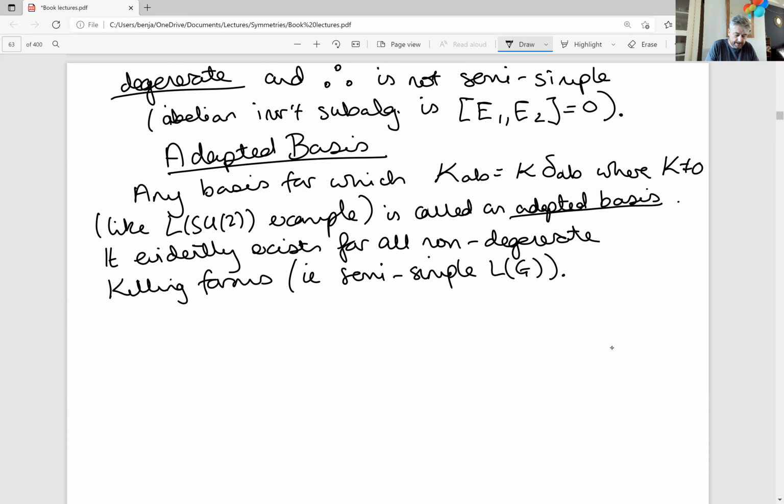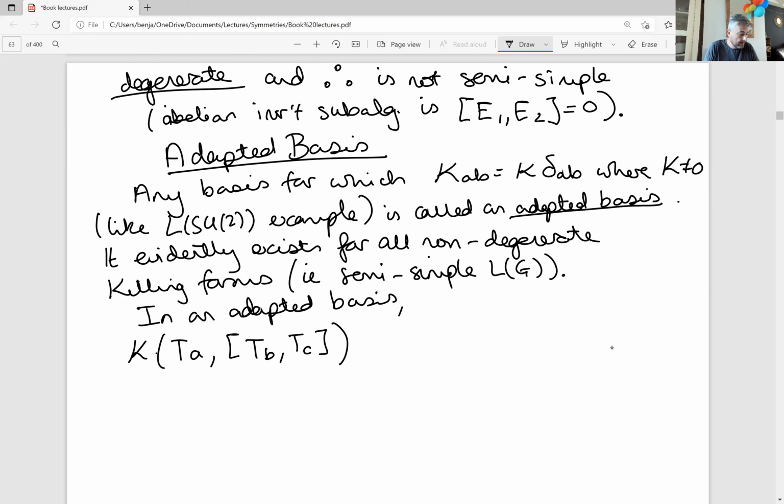So in an adapted basis, the Killing form of T_A, and in the second argument we put the Lie bracket of T_B and T_C, well, since the Killing form is bilinear, this is equal to kappa of T_A and F^D_BC T_D, where we use the Lie algebra here as well.